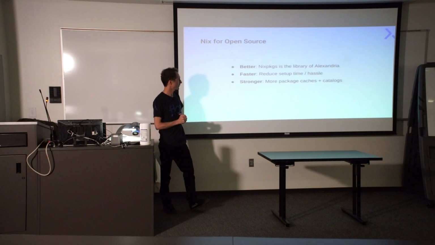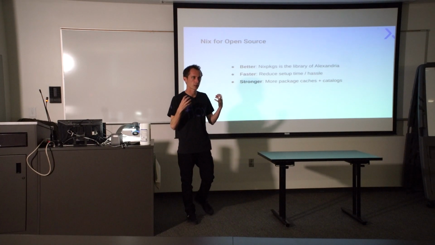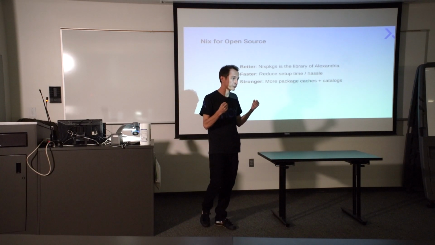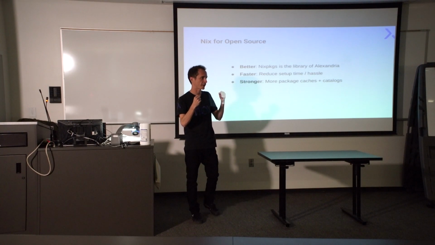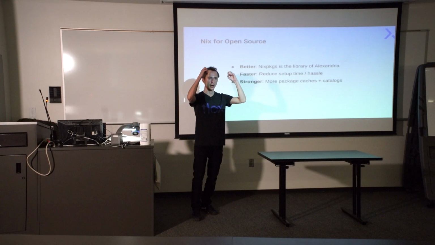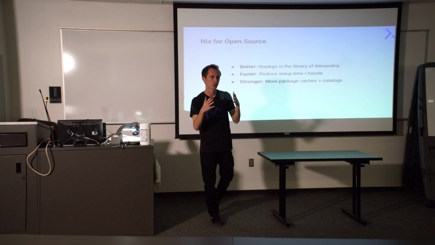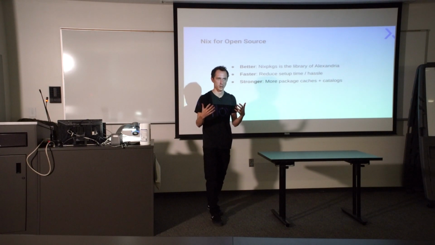And finally, a stronger open source community and platform is one with more package caches and catalogs. We have less centralized repositories where everything we depend on lives and whose rules say how we work.